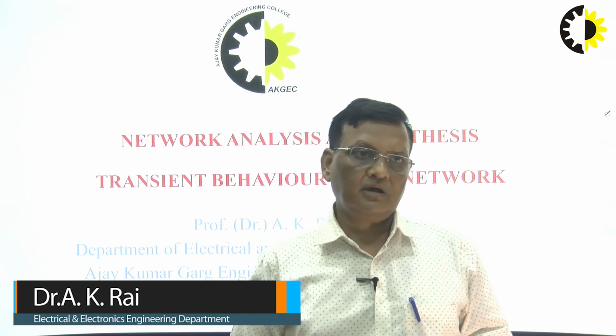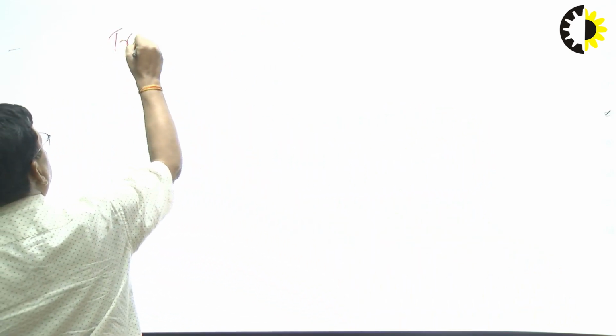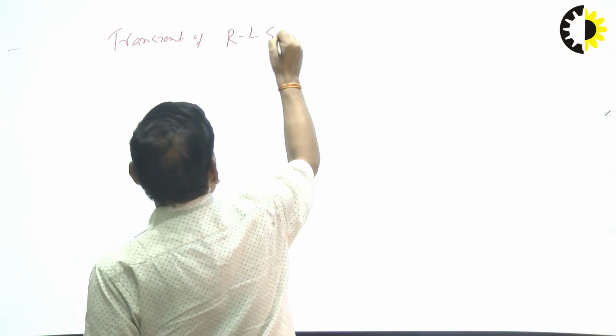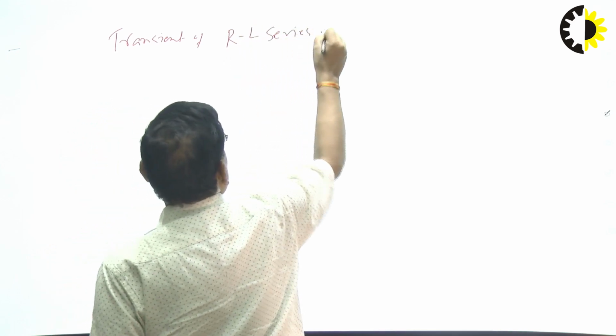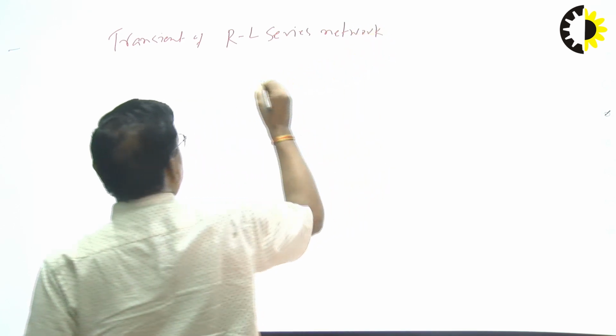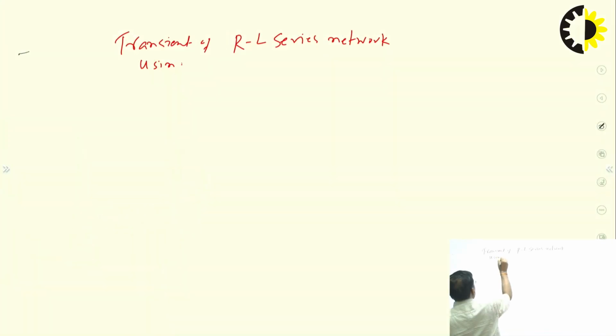Today I am going to discuss the transient behavior of the RL network. In the previous lecture, I covered the transient behavior of the RL series network using step input.